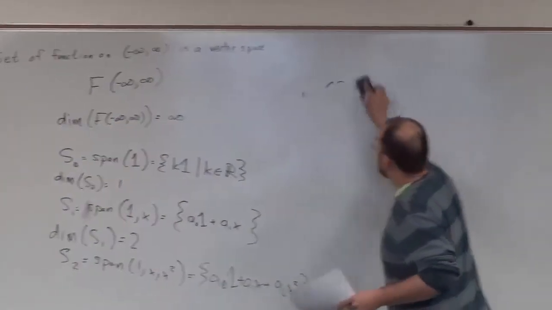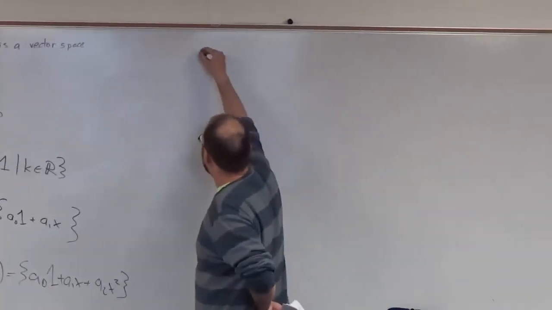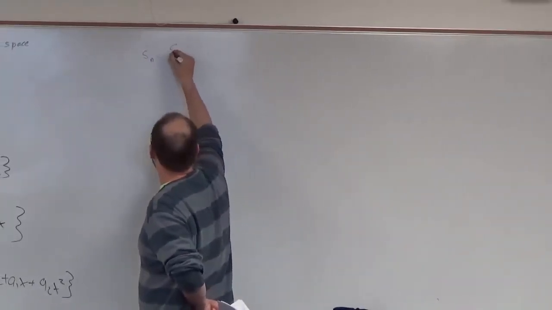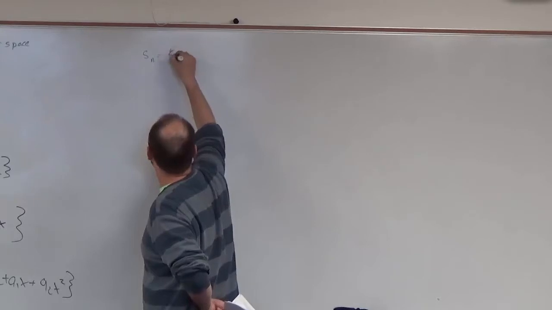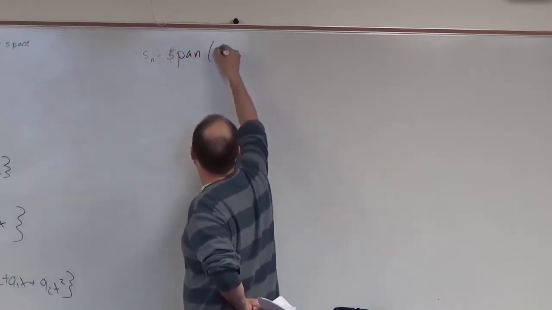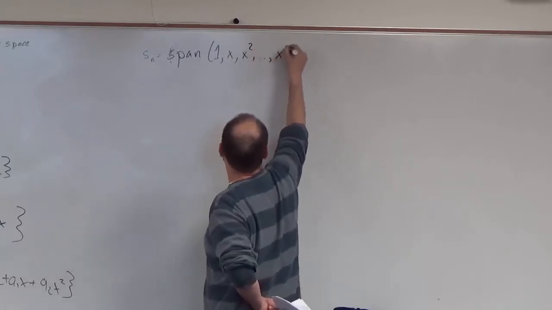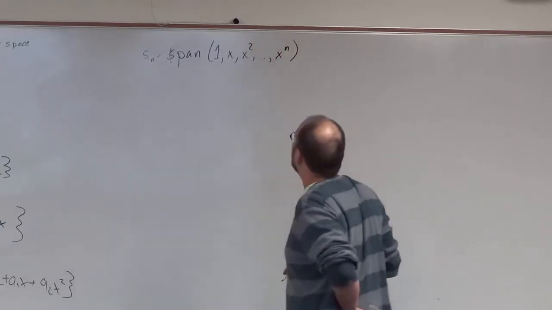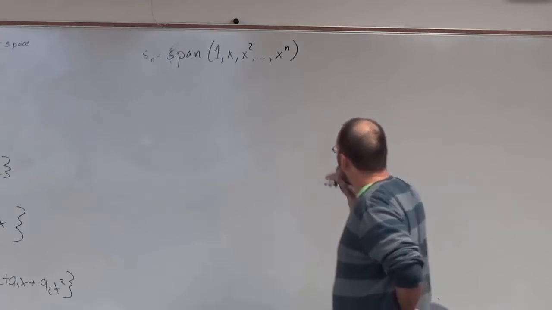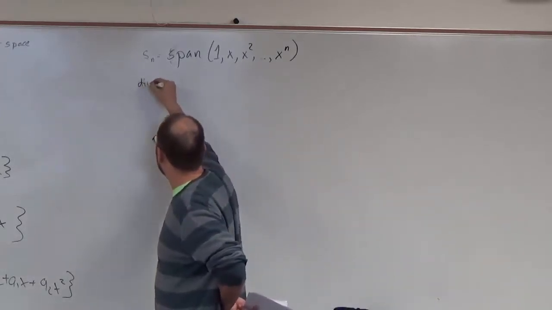Now imagine that we have S sub n. That would be the span of 1, x, x squared, all the way through x^n. That's n plus 1 dimensional.